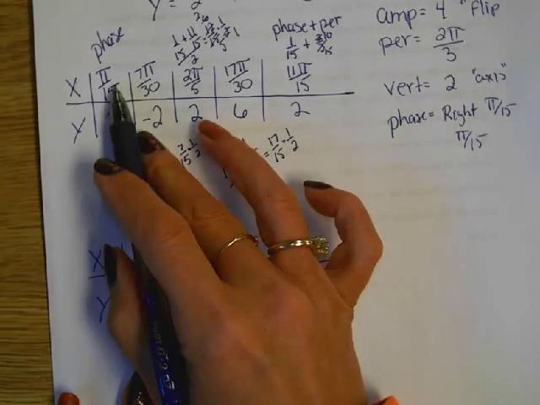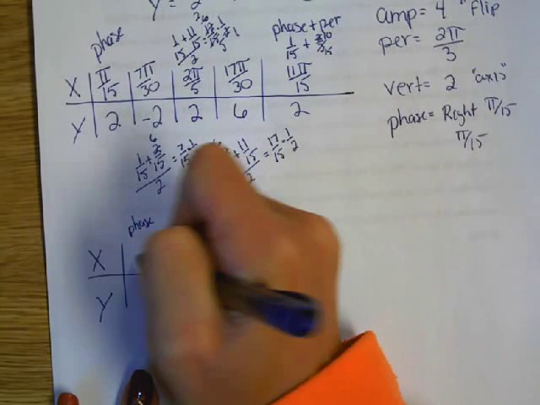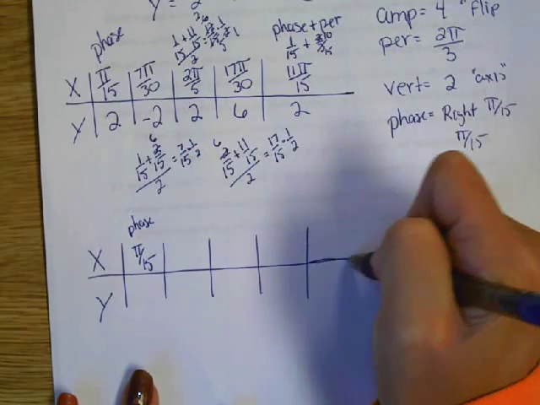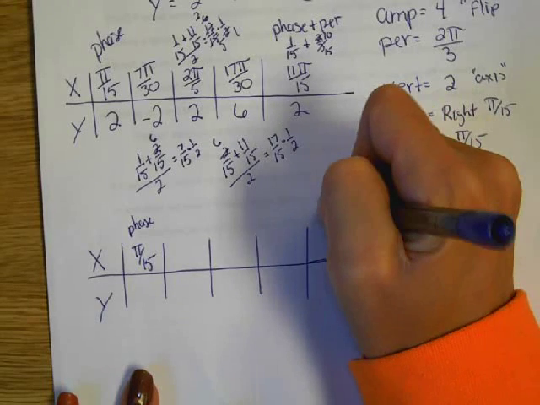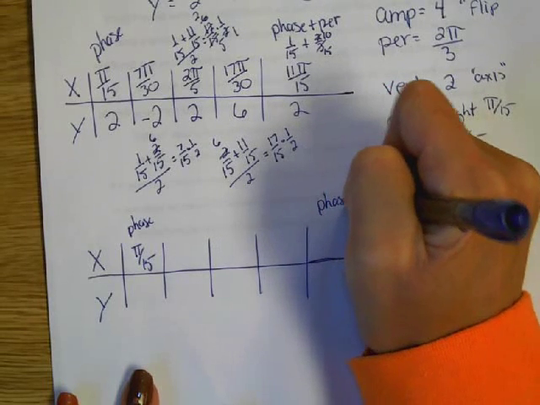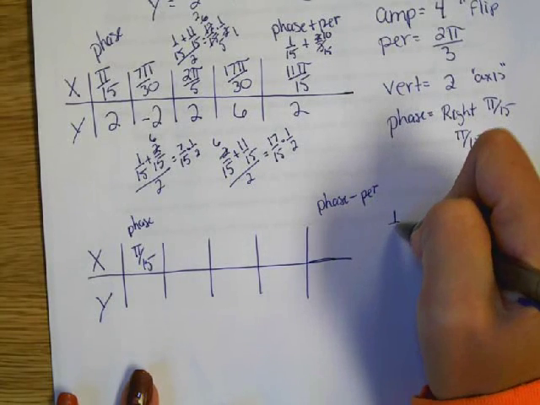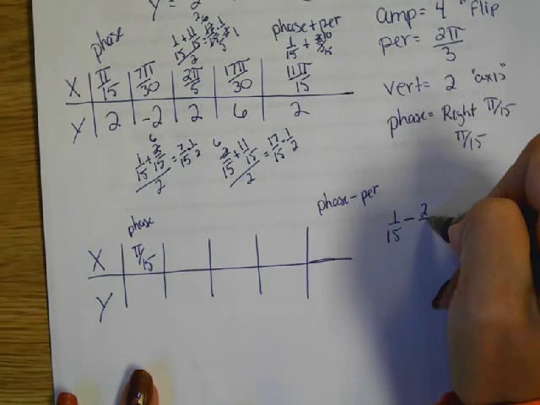So again, the second table is going to start where this one did, at the phase. And then to find the ending value, because we're going backwards on the number line, we're going to go phase minus period. So that's 1/15 subtract the period of 2/3.